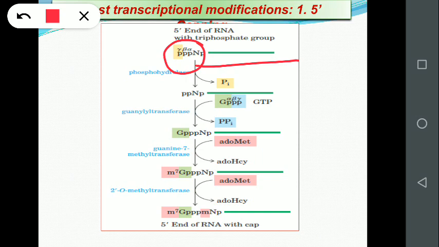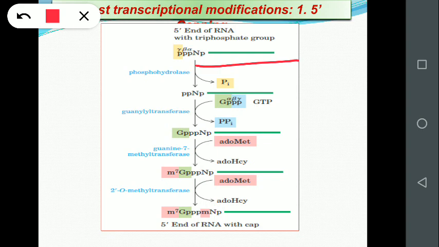During a series of steps, the 5' cap will be formed. The first step of this series of reactions is the removal of one phosphate.